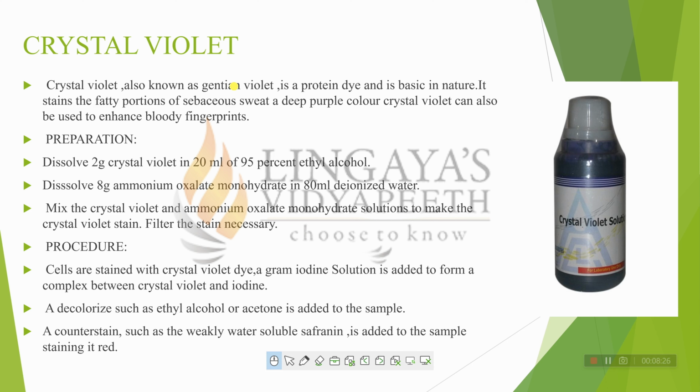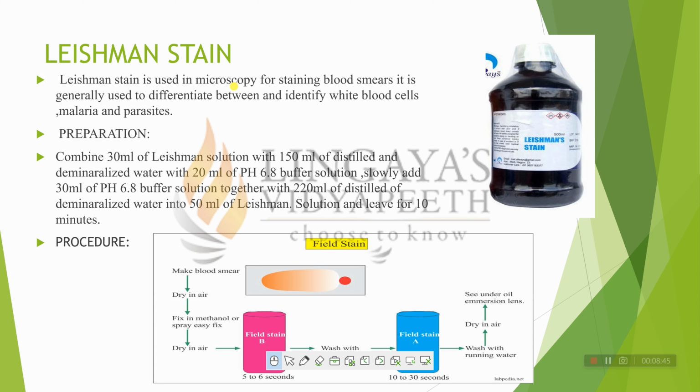Now mix the crystal violet and ammonium oxalate monohydrate solutions that you have prepared separately, and if you feel the need to filter the stain again, you can, and then you can start using the crystal violet stain for the Gram staining.